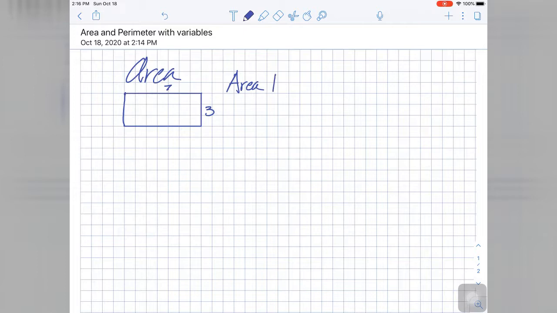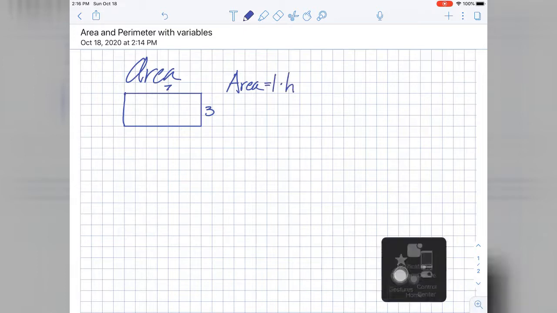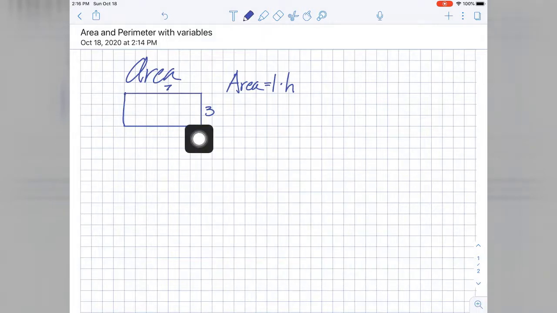We know that area is the length times the height. Or we can also say the base times the height. Sometimes people say base times height, which is the length of the bottom line times the height. But I'm going to say length times height. Or we could say width times height, how wide it is times the height. It just all depends on how you're looking at it.